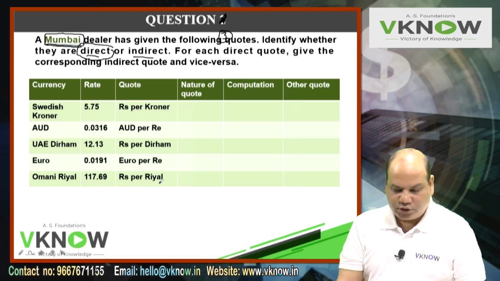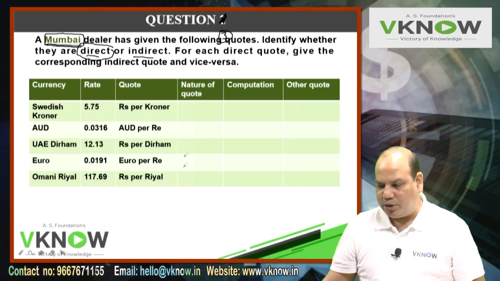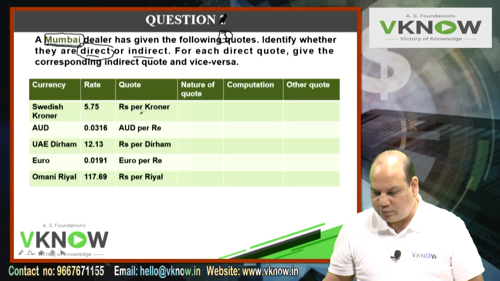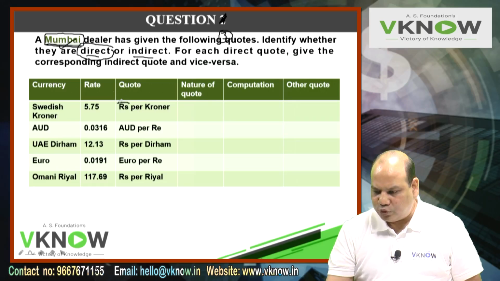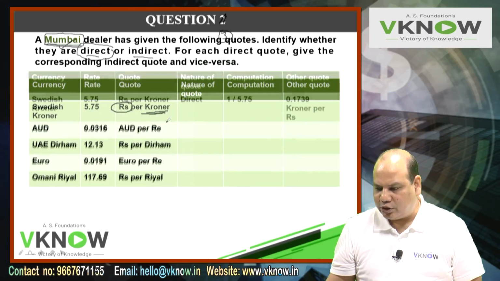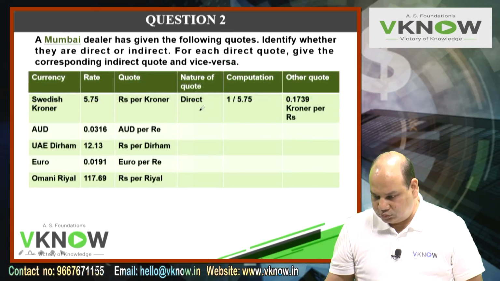After writing this question, now you have to complete. One, I will show you how to do it. You are in India, rupees is the home currency. If the quotation is number of rupees per unit of foreign currency, then it is a direct quote. So you will write here direct quote.